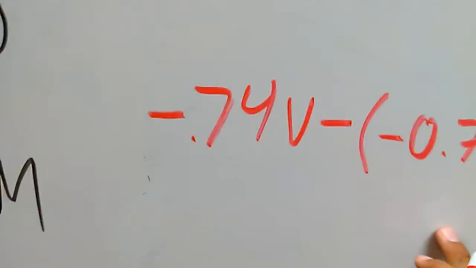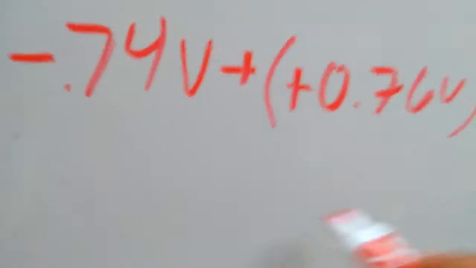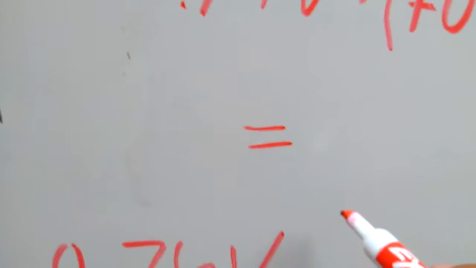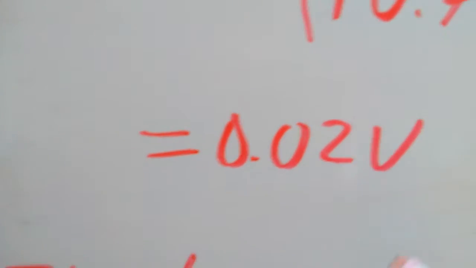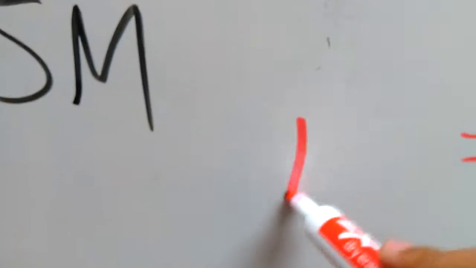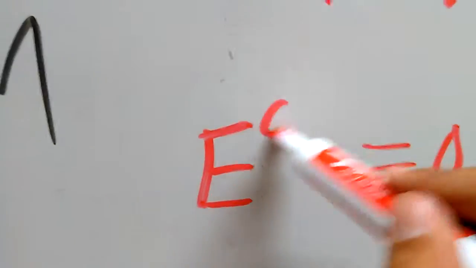You simply just add them, and your answer is going to be 0.02 volts, and that's going to be your E standard cell.